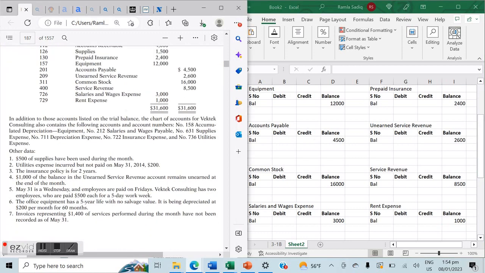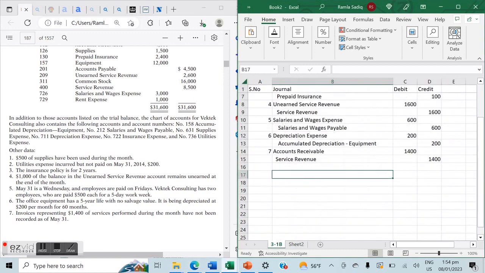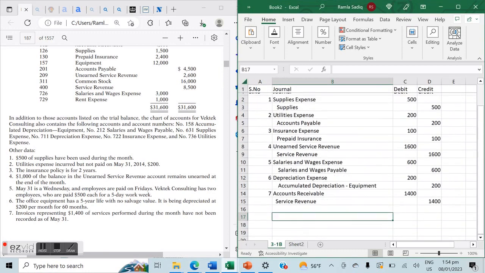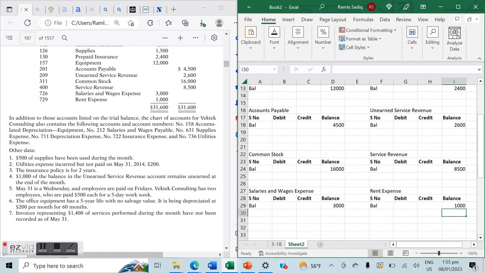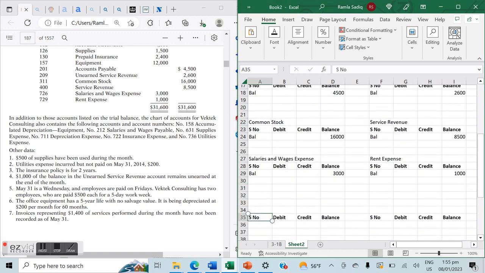Now we're going to go back through each one of our entries over here, and we're going to transfer this onto our ledger. Okay, so the first one, supplies expense to supplies. And if we look over here, we don't have any supplies expense account. So I'm just going to go ahead and put in a supplies expense account. And over here, my serial number is going to be 1 because it's the first transaction that I'm looking at.